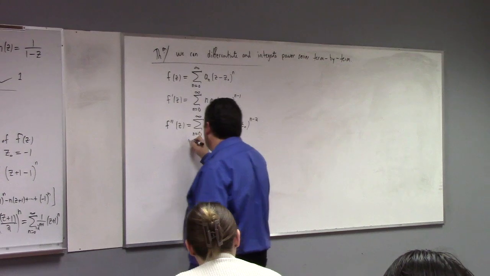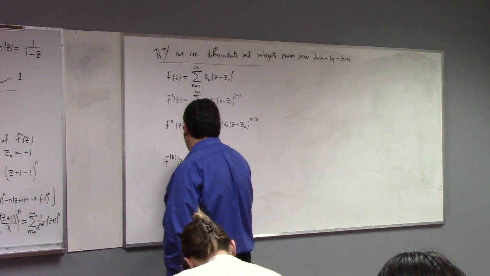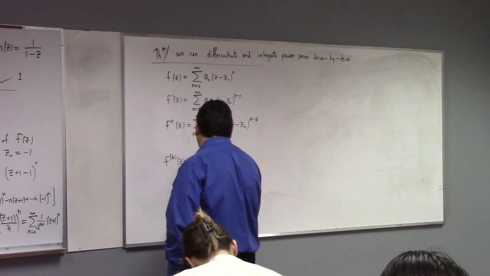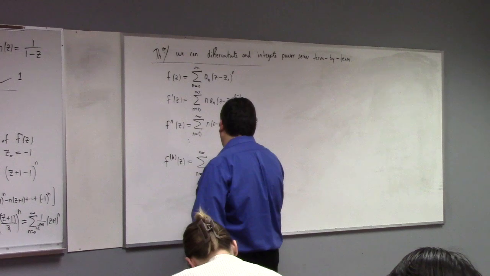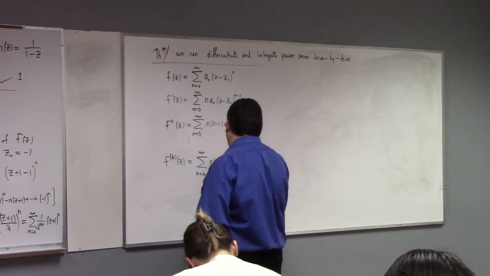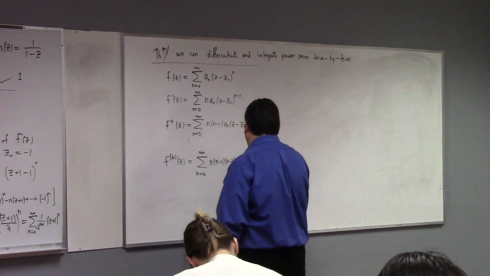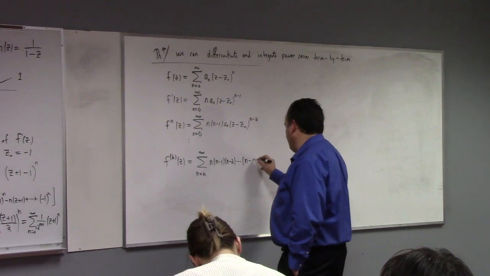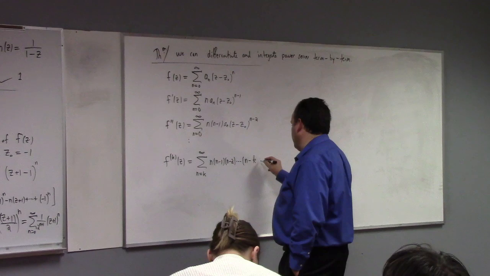And this continues, right? What's the kth derivative here? I'm going to start it at k because that's really where it starts, if that's all right with you guys. So we'd have n times n minus 1, and then n minus 2, and so forth and so on until we get finally to n minus what? n minus k is almost right. n minus k plus 1, right?